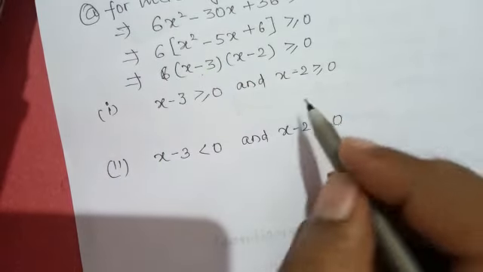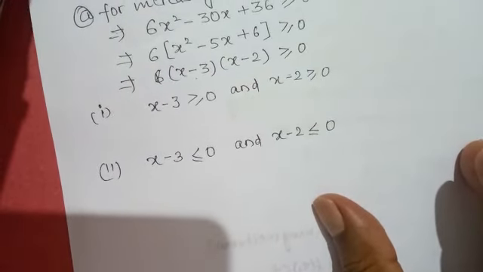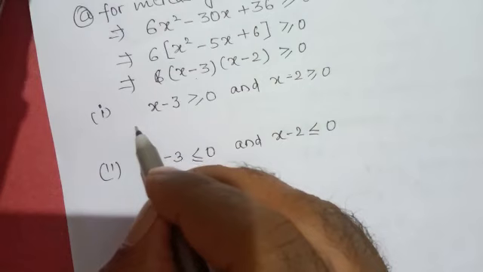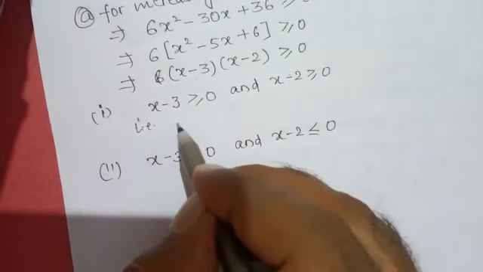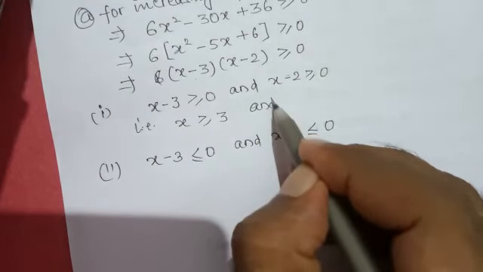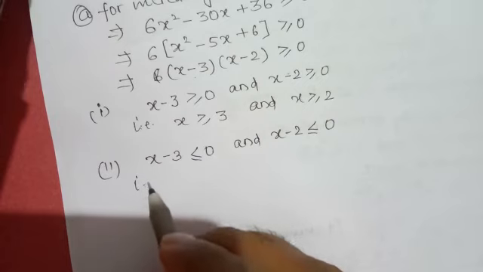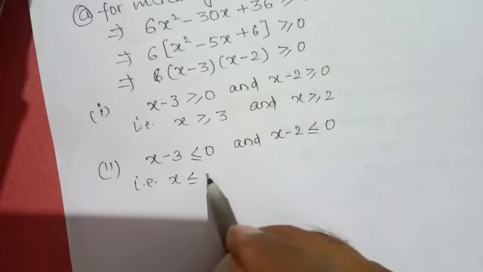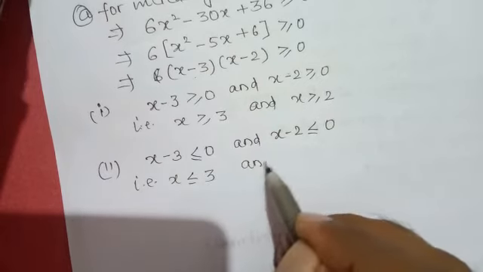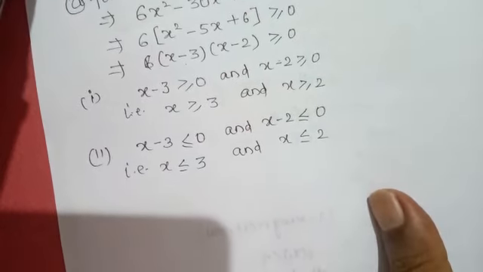X minus 3 greater than or equal to 0 means x is greater than or equal to 3 and x is greater than or equal to 2. Also from here x is less than or equal to 3 and x is less than or equal to 2. These are the 4 points.